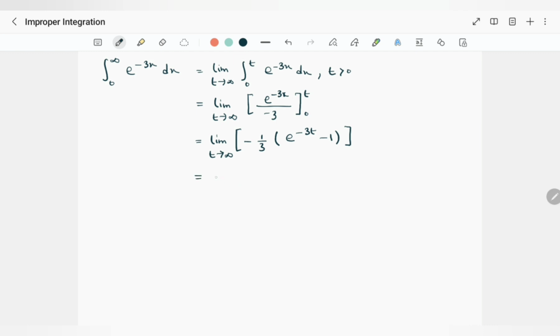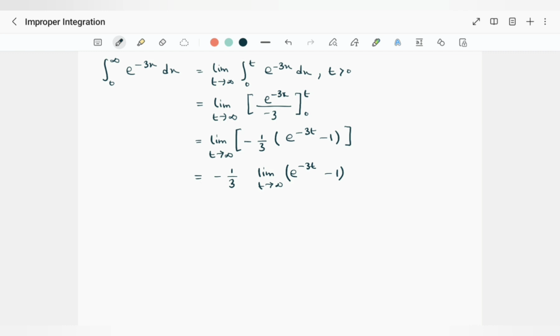Now this minus 1/3 is a constant part, so I am taking this first. This is limit t tends to infinity of e to the power minus 3t minus 1. Now we have to calculate the limiting value.